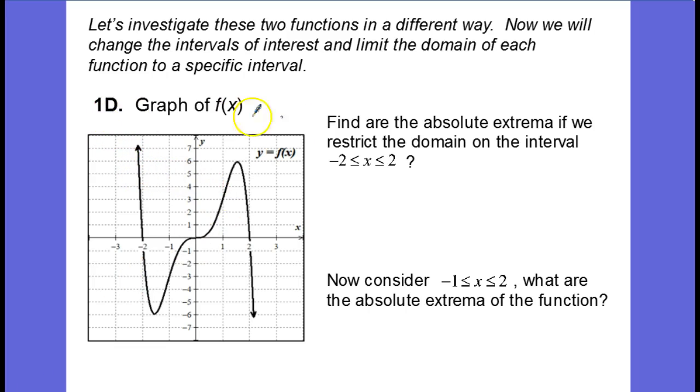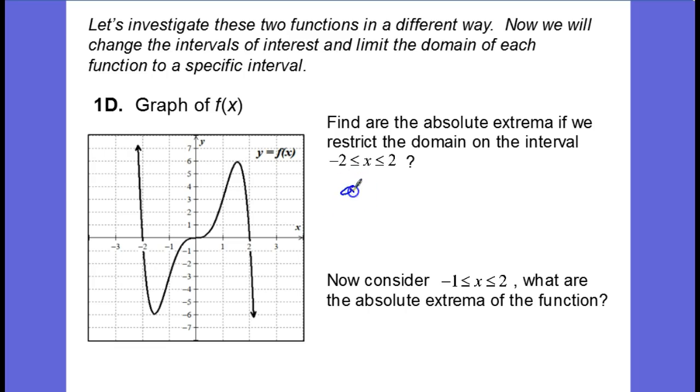Now in 1d, they have restricted my domain, instead of all real numbers. Even though this is an unbounded and continuous function, they've told me to only consider the domain to be negative 2 to positive 2. That is going to change things up a little bit. Let's take a look at absolute extrema.